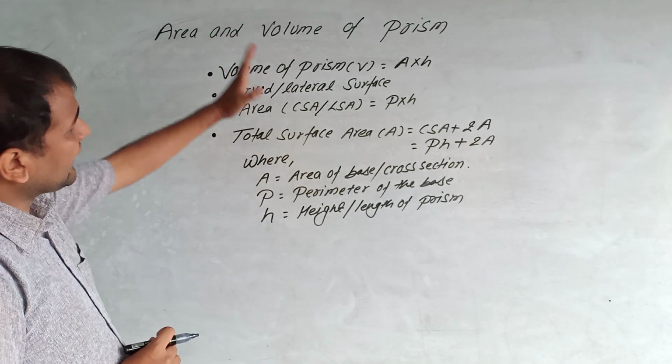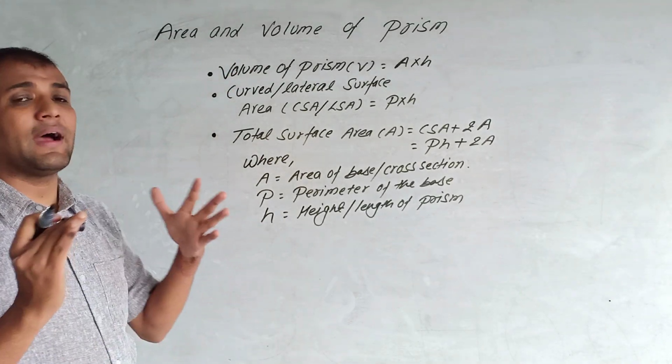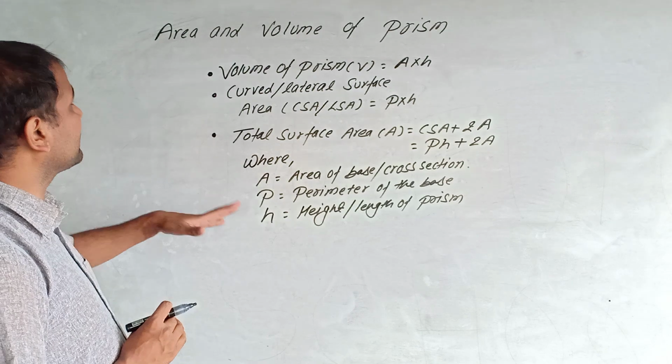So, by generalizing these three formulas, we find the area and volume of all types of prisms.